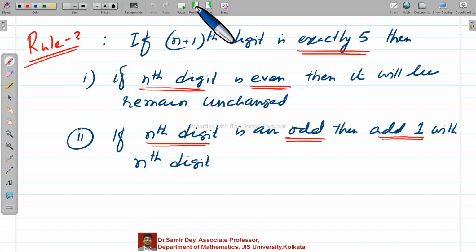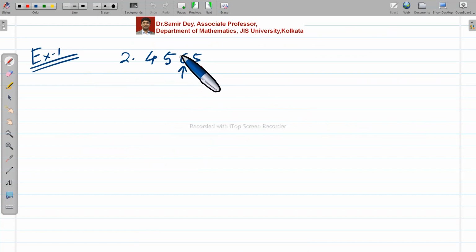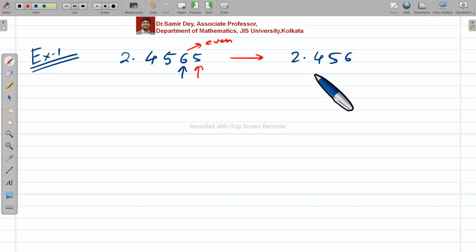So as per the formula, if it is even, no need to add anything. Here it is 6, which is an even number. Then what will be the answer? Your answer will be 2.456. Is it clear? Because this number is exactly 5 and the previous number is even, as per the formula no need to change anything. Whatever you have, you write as it is.